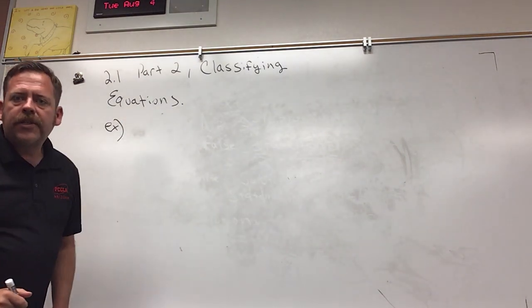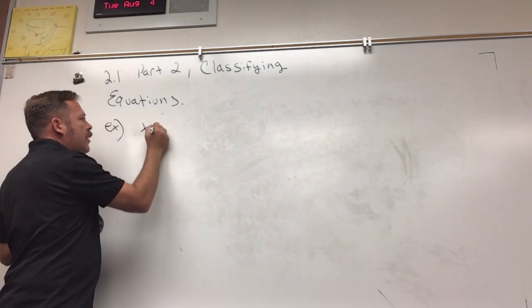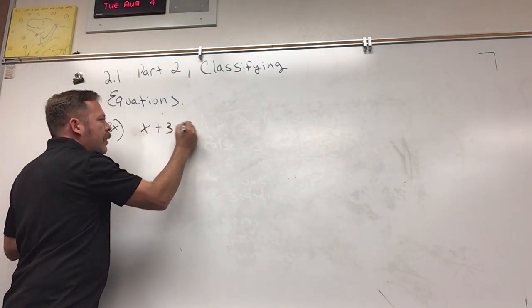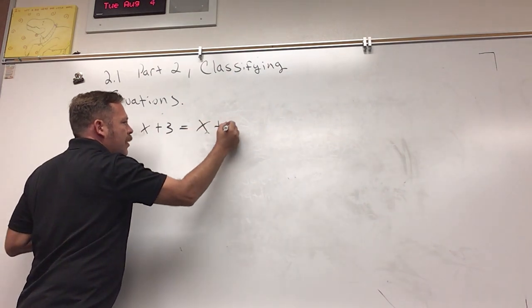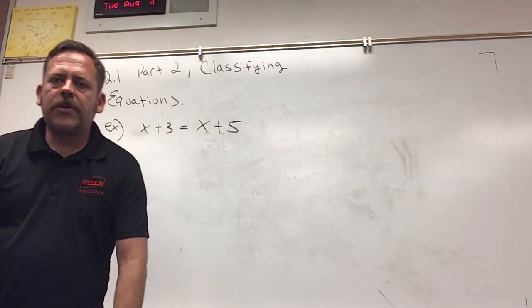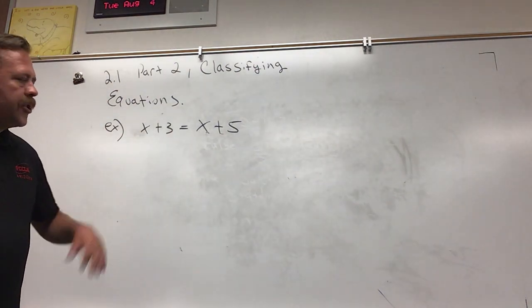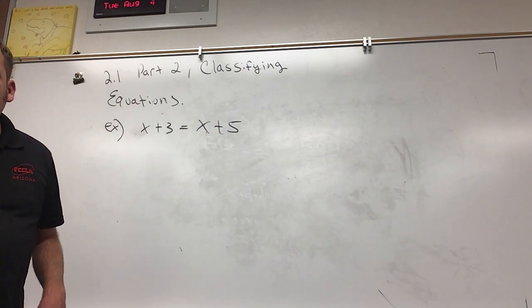So for our first example, let's say I have x plus 3 equals x plus 5. We have those steps to help us solve any equation and avoid mistakes, but there's no distributing to do. This one's pretty simple.